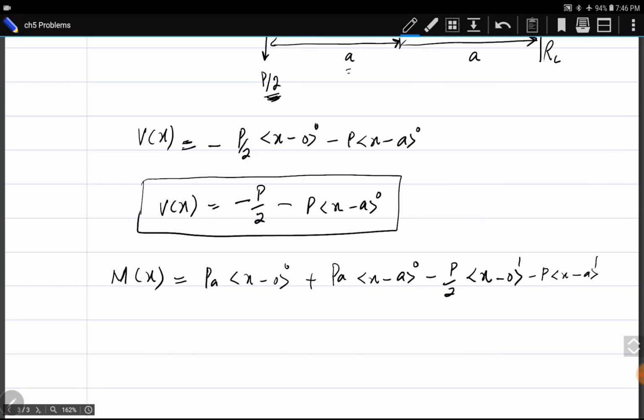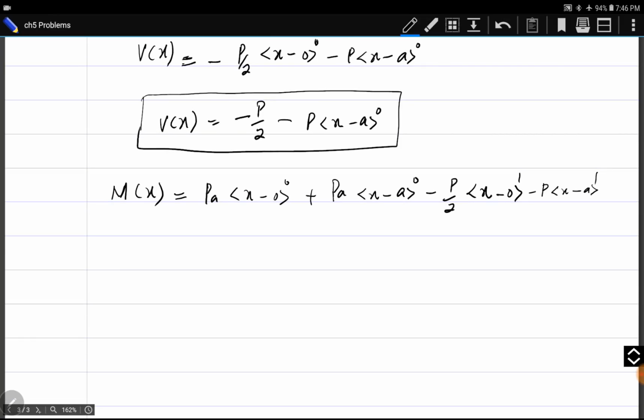Okay, after simplification, the bending moment will be, okay, this PA into x minus 0 power 0. X minus 0 is x and x power 0 is 1. So it becomes PA. Okay. The next function is this one again. This is P by 2 into x minus 0 power 1.